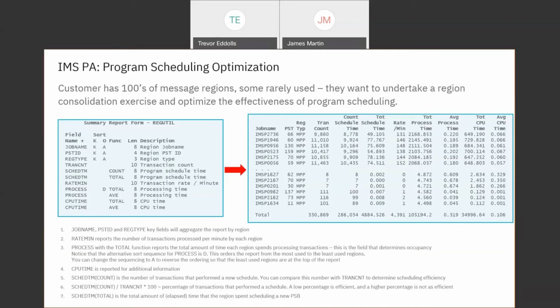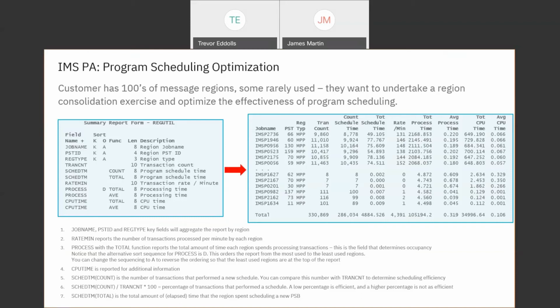We don't need them anymore? Or should we break that workload out of those heavily utilized regions and actually utilize those other regions since we have them there anyway? Again, that can go either way, and that's an installation by installation determination. But again, something that you can do using IMS Performance Analyzer to understand how well your scheduling algorithm is working.